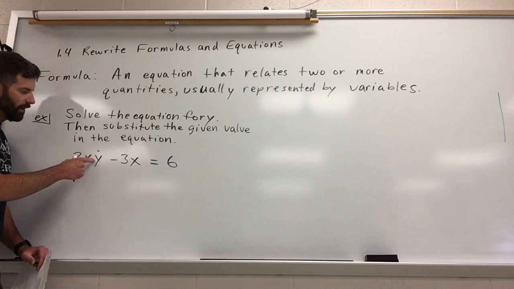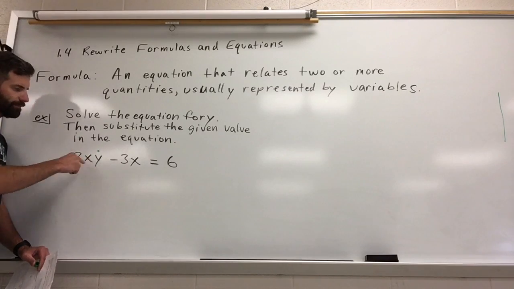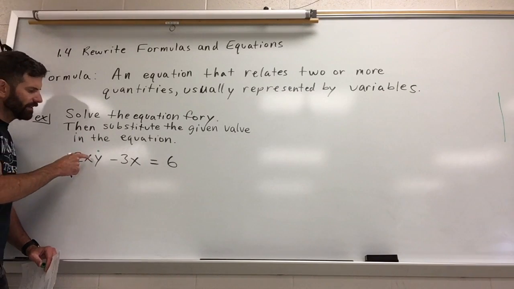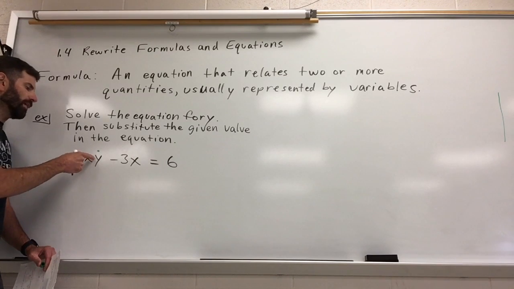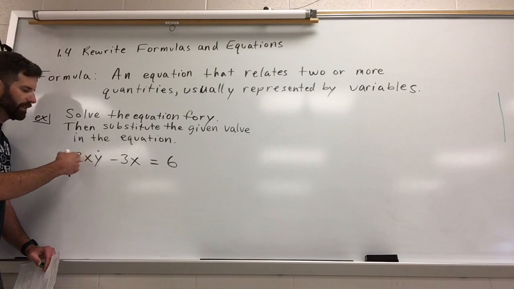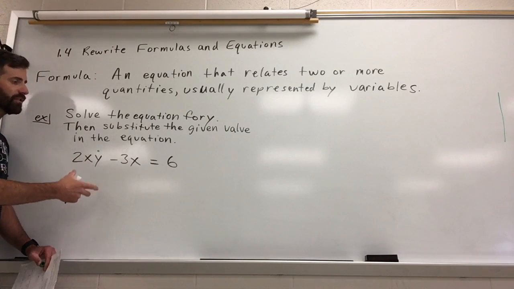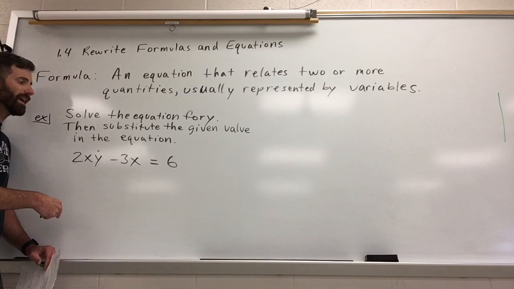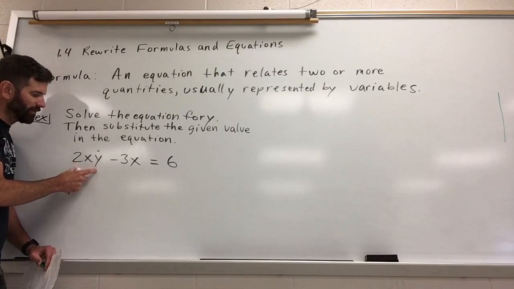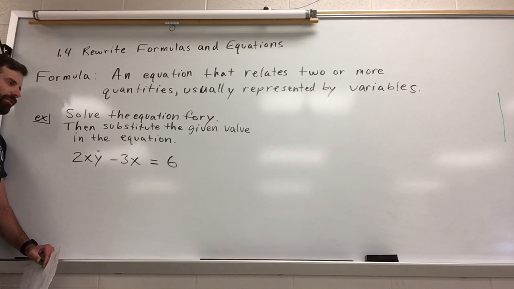To get y by itself, I'm going to have to get rid of this 2x part. But what's curious about that is this 2 and this x and this y, they're all multiplying. So I would have to divide 2 and divide x. And when I do that, division and multiplication distribute across addition and subtraction. So if I were to do that first, I would have to divide by 2x here, divide by 2x here, divide by 2x here, which might be a little bit messy.